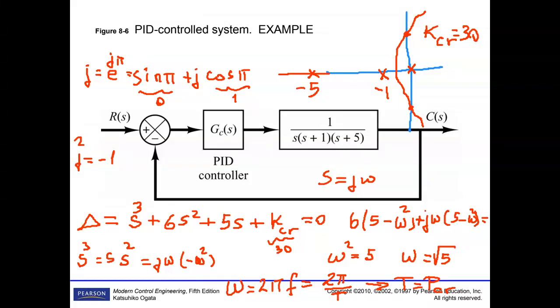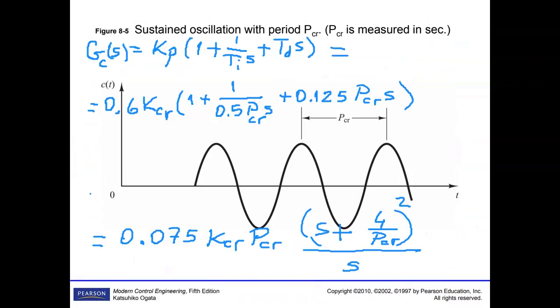As long as you obtain PCR, you are going to use those equations. You already obtain PCR, you already obtain KCR. So either use that equation or that equation. That will tell you TI, that will tell you TD, and that is your KCR.